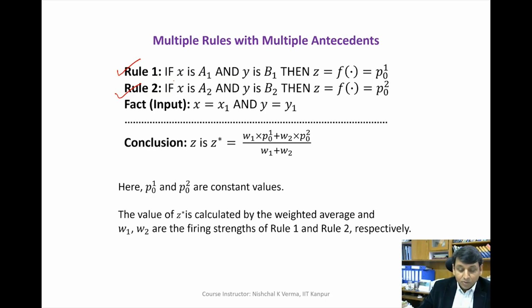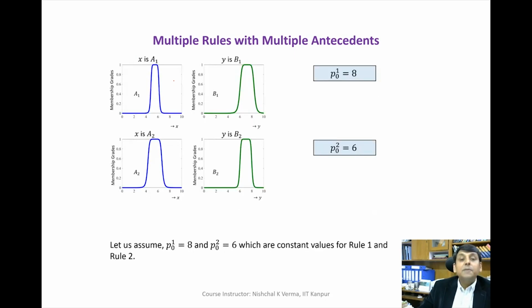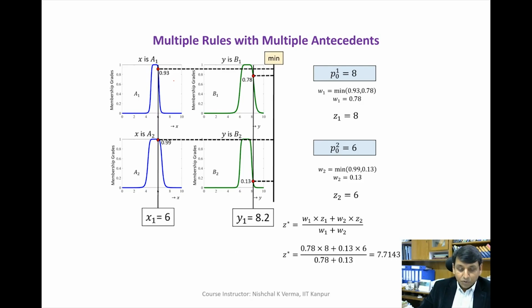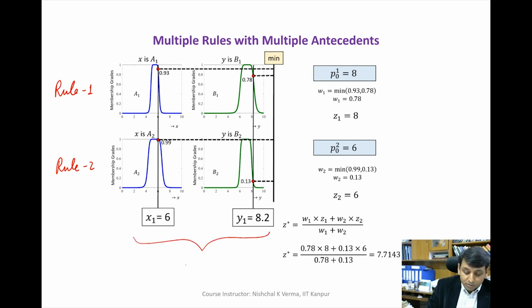So let us now proceed with this model having two rules and two antecedents. We have rule number 1 here and rule number 2 here, and we are now giving the input to the model.